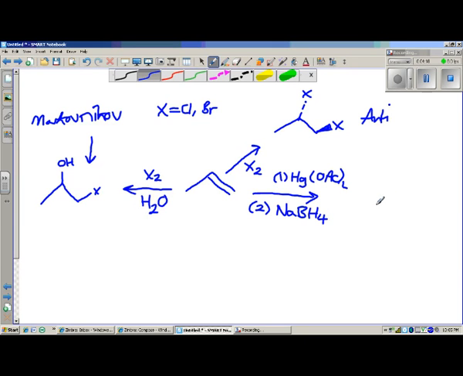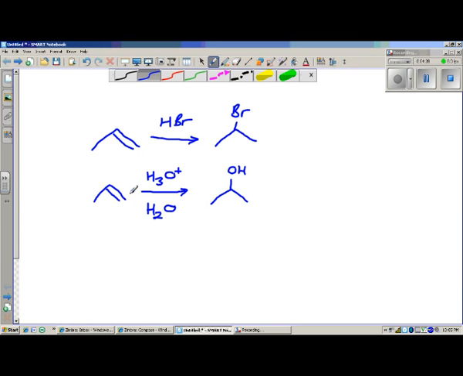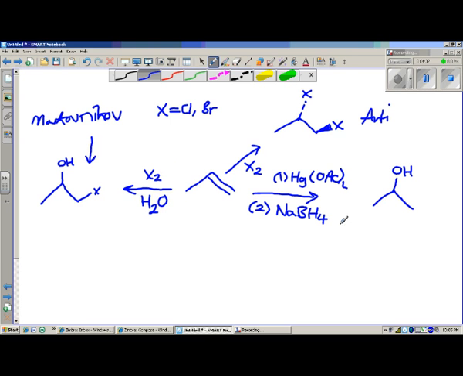What we get is essentially another way to make a Markovnikov alcohol. The other way to make the Markovnikov alcohol is what we saw over here. The main difference between this method and this one is that with this method you don't need the strong acid to make it H3O+, and so this method is considerably more mild if you have other issues to worry about.